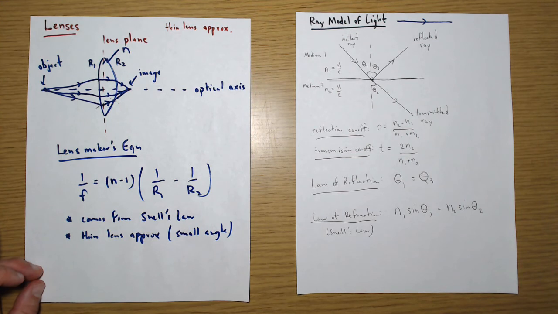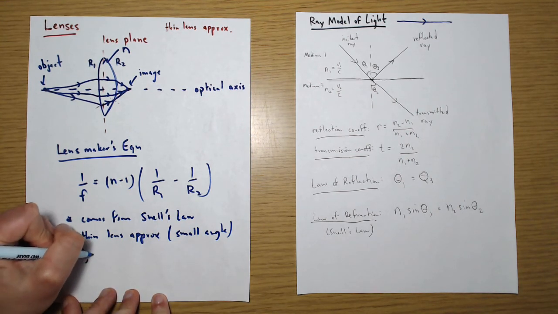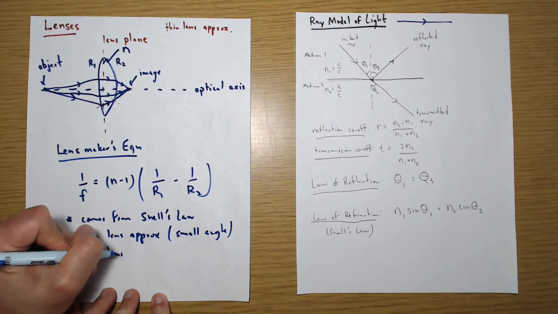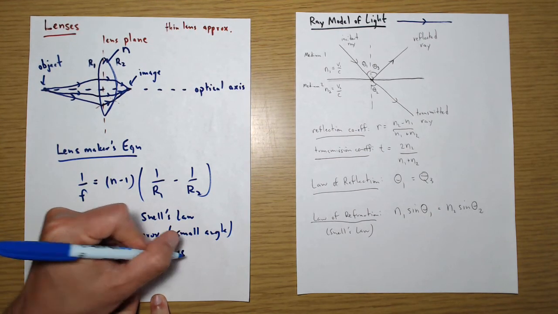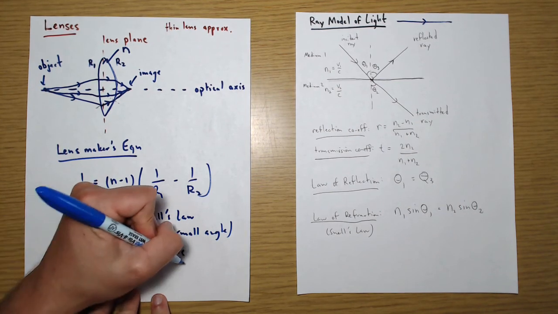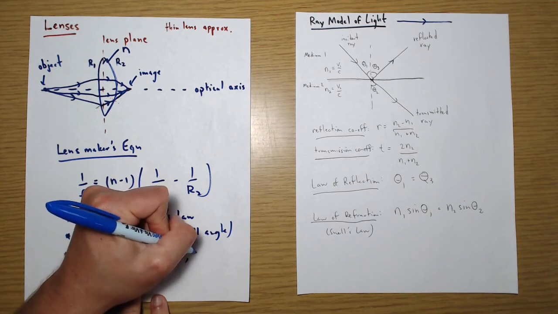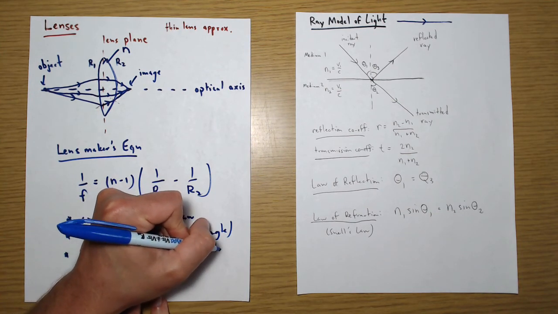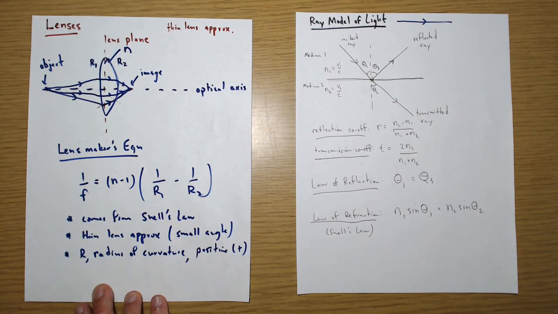And finally, R, which is the radius of curvature, we have to have a convention because it turns out R can be positive or negative. So R is positive when the lens is convex towards the object.